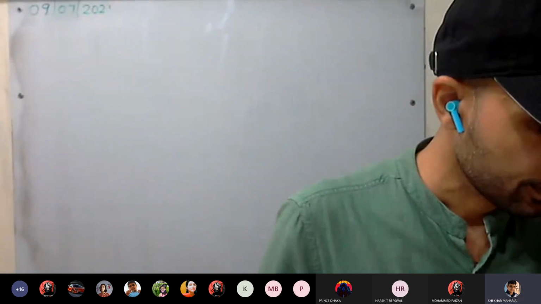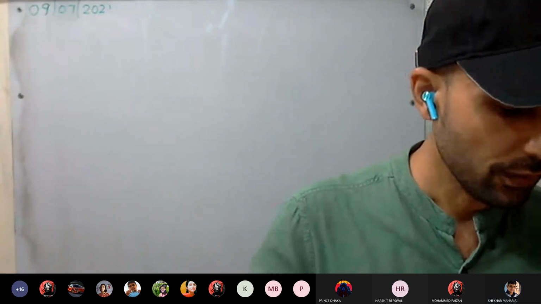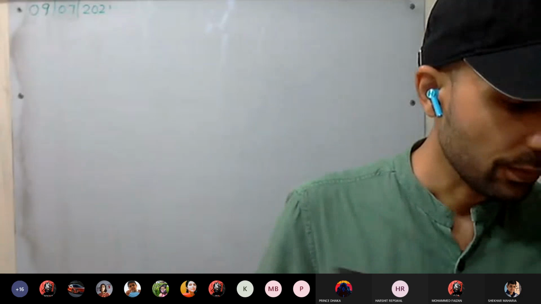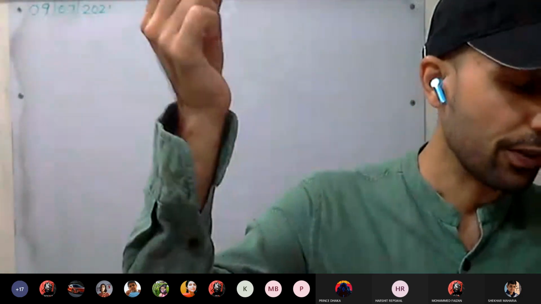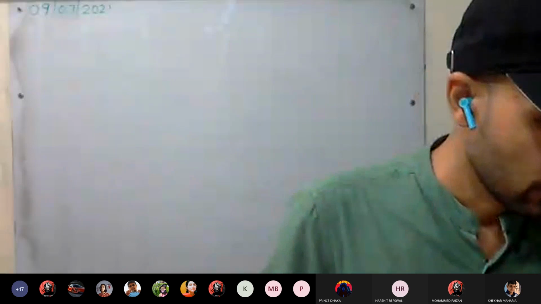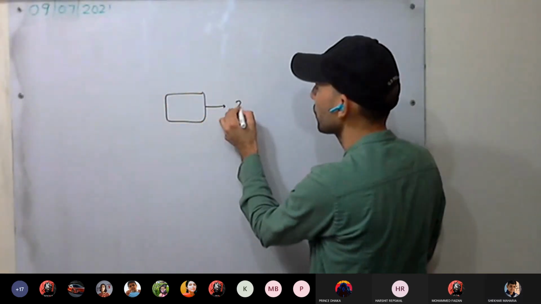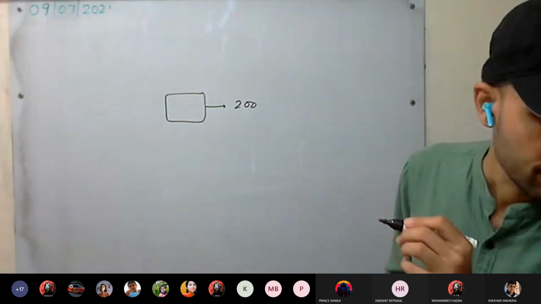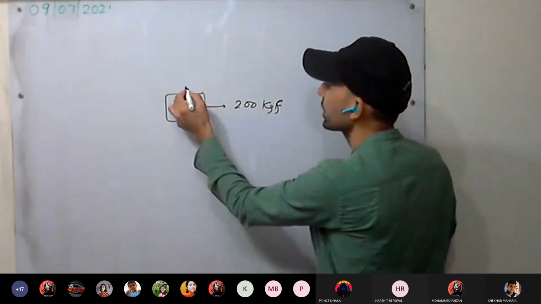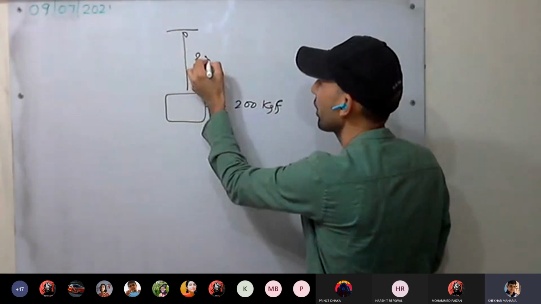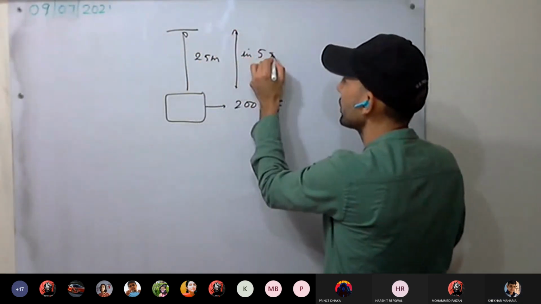Force is equal to mg. See here, a weight lifter lifted a load of 200 kgf. It is lifted to a height of 2.5 meters in 5 seconds.